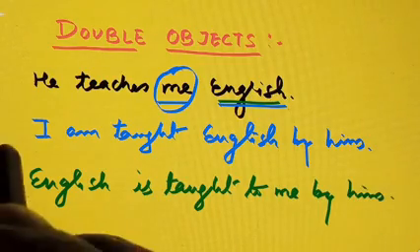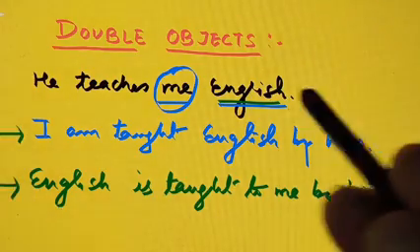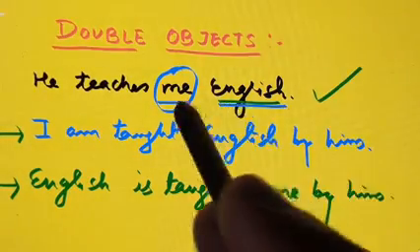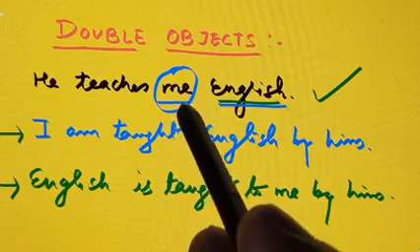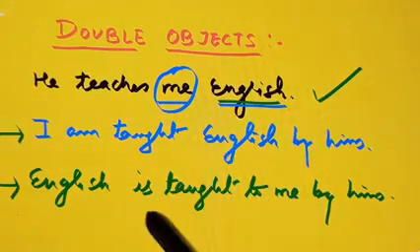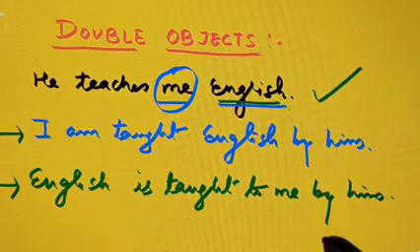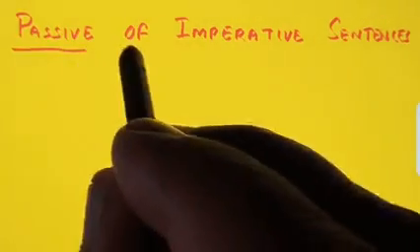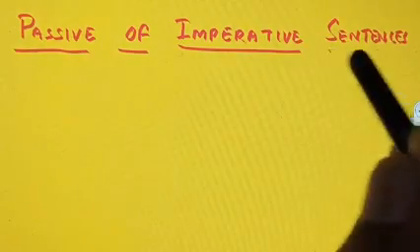So there are two passives for this sentence. When we have double objects, we can take both of them and make two passives of these. Next we have the passive of imperative sentences.